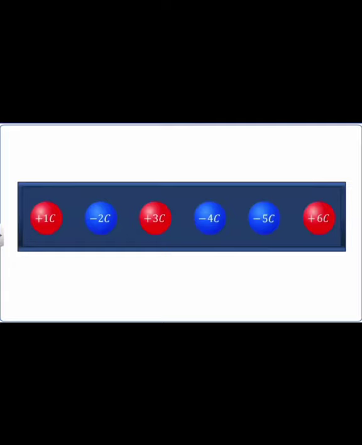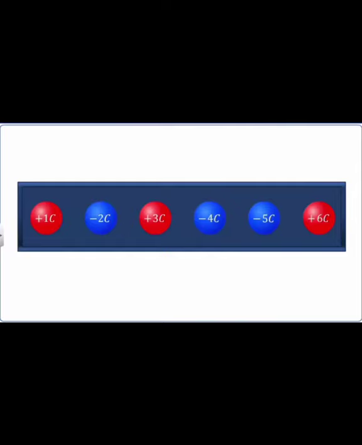While adding the charges, proper signs should be used: a positive sign for a positive charge and a negative sign for a negative charge. We can determine whether a body is charged positively or negatively by finding the algebraic sum of all charges on the body.